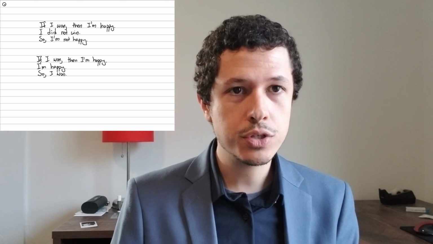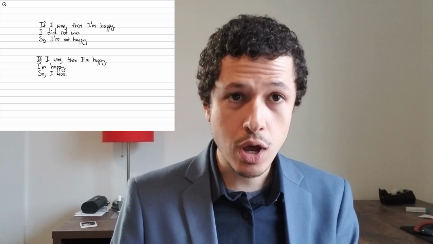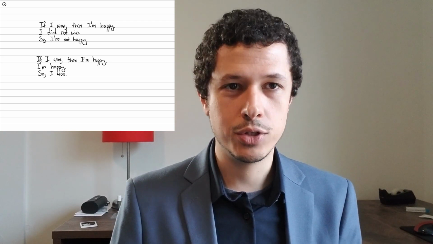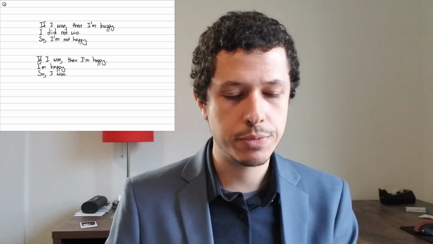So both of these arguments are fallacies. They're both very common fallacies. They're so common that they have names. Unfortunately, their names are a little more annoying than just modus ponens and modus tollens, right? So I'll write them down and then I'll say something about that.